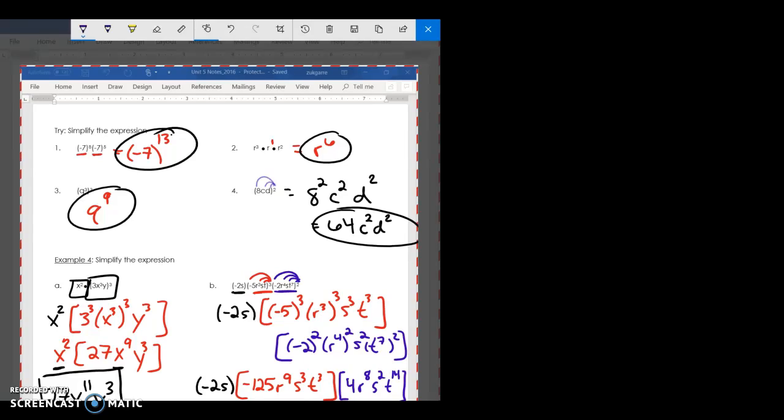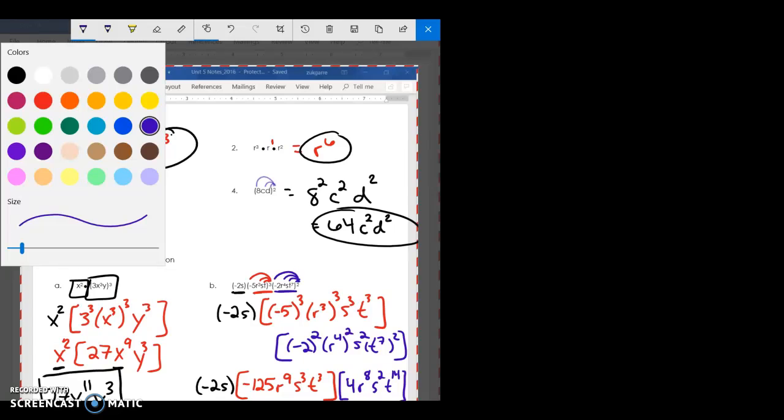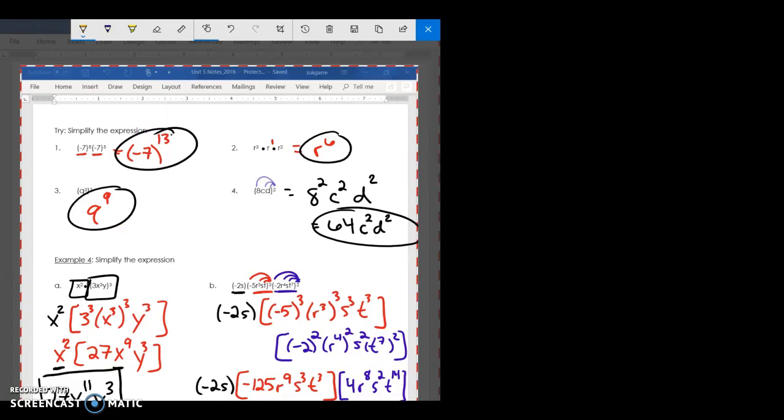Okay, so now I'm almost done. Now I'm going to combine everything together in, let's do orange. First let's combine just our numbers. Negative 2 times negative 125 is positive 250.